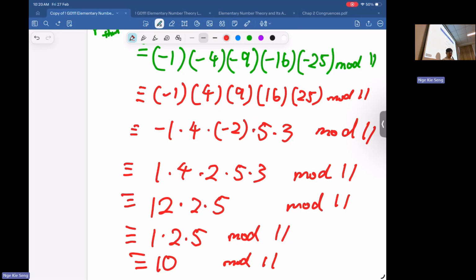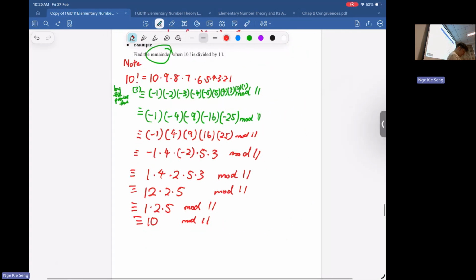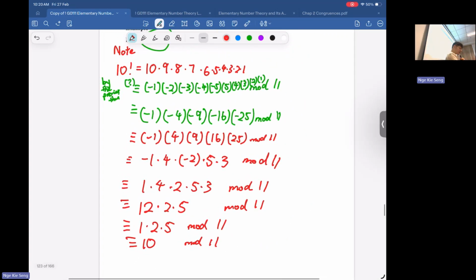So now you see that this big number here will reduce to 10 mod 11. But 10 mod 11, you know what the remainder is, right?